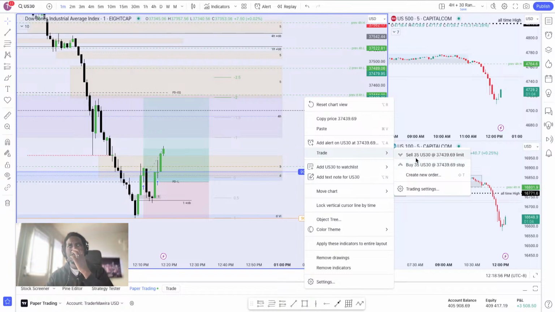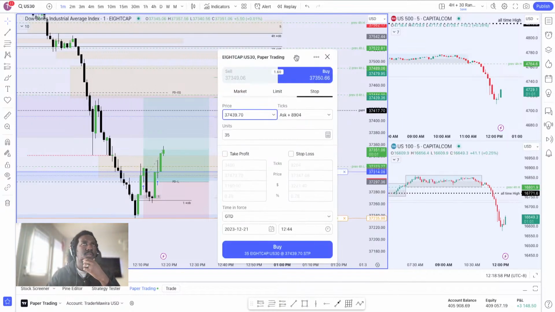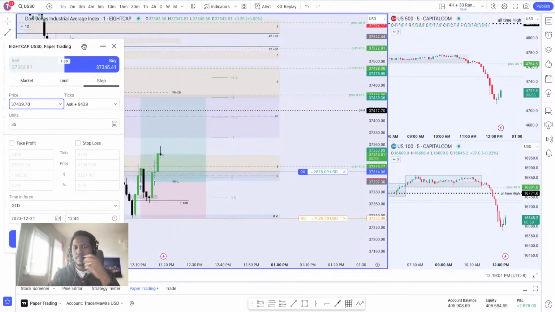So we'll create a new order because I want to do a buy stop. Let's just do a buy limit. Actually, let me do a buy stop.